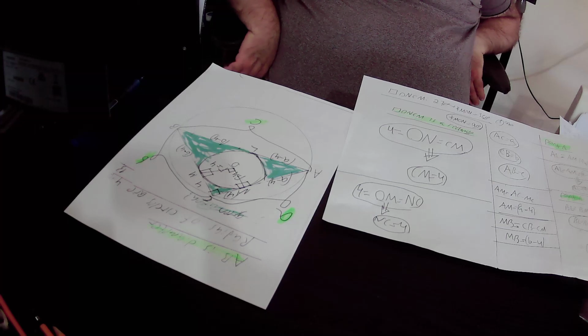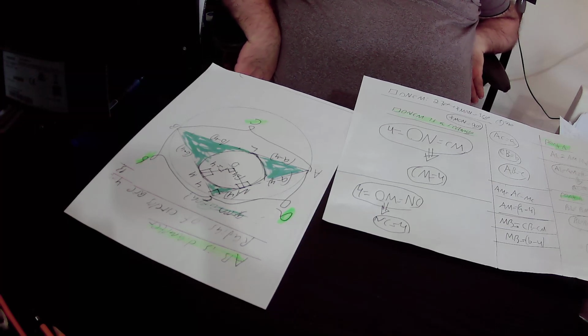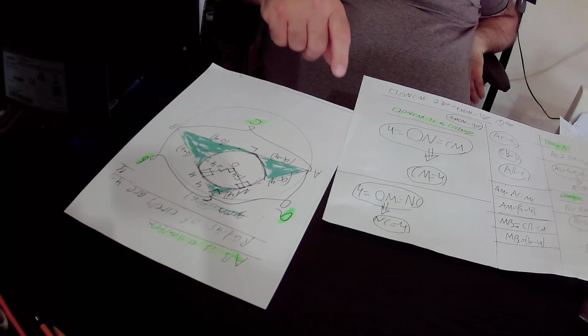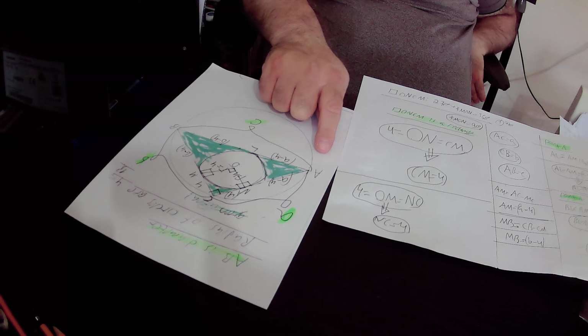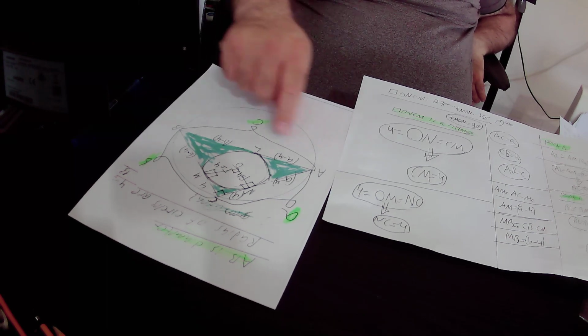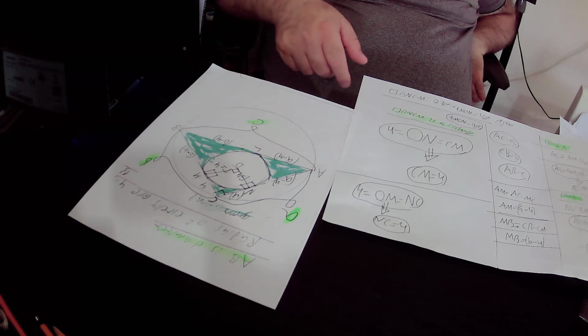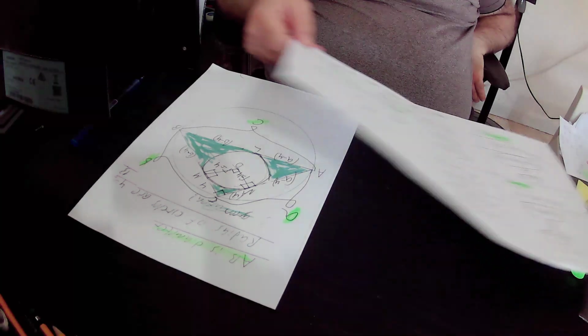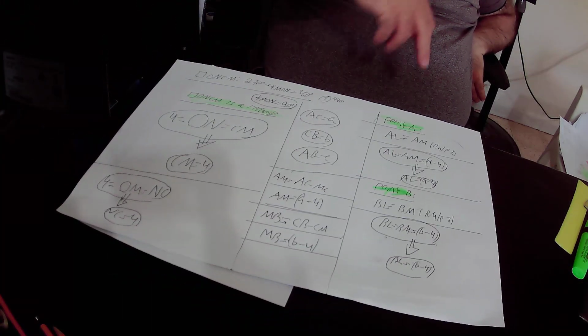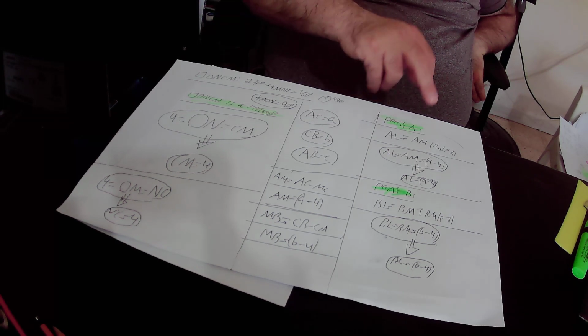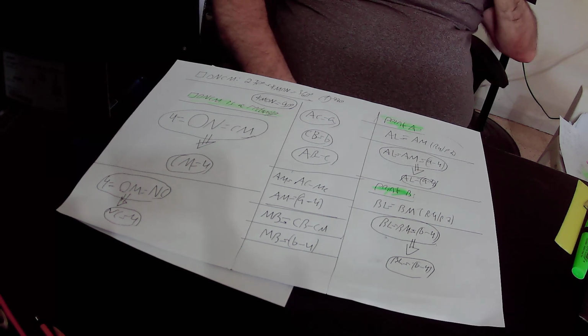Then I presented to you rule number 2. According to rule number 2, the lengths of two tangents from a common external point to a circle are equal. So if you focus on the common external point A, from point A we have two tangents to the small circle, tangent AL and tangent AM. According to rule number 2, the lengths of those two tangents are equal to each other, that is to say AL equals AM.